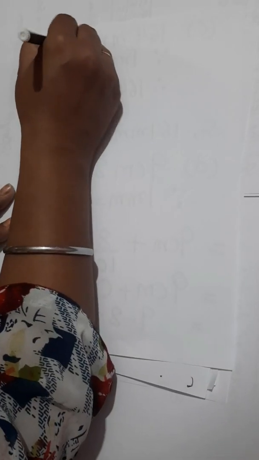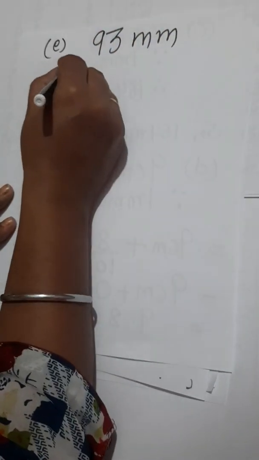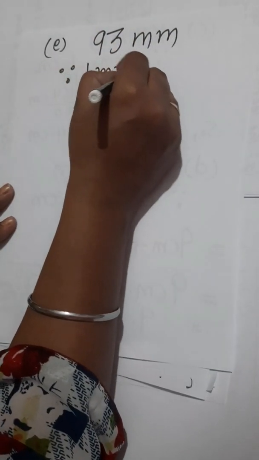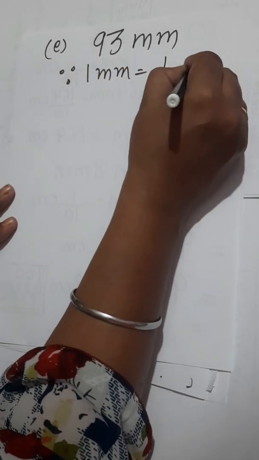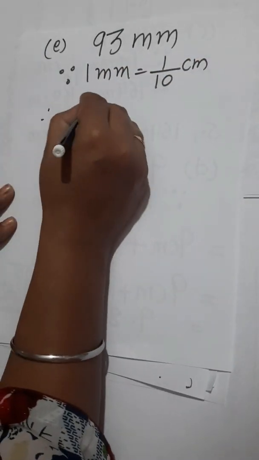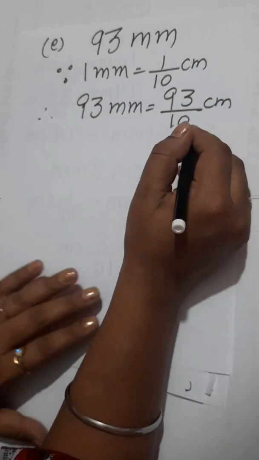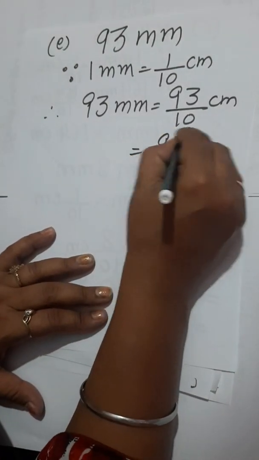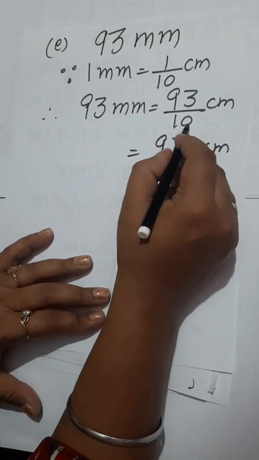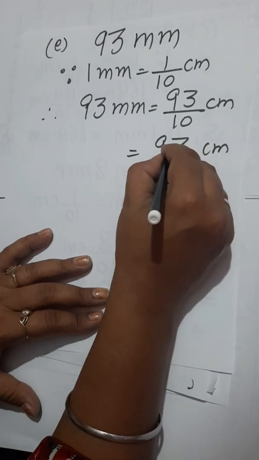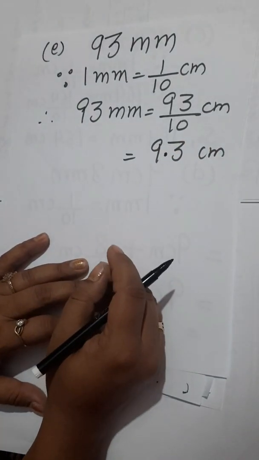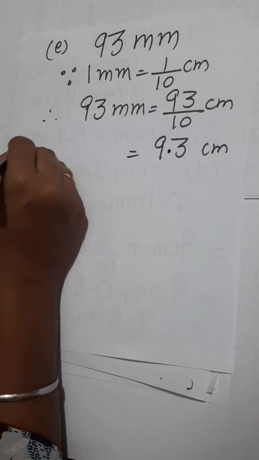Next we have E part. E part is 93 millimeter. Since 1 millimeter is equal to 1 upon 10 centimeter, therefore 93 millimeter is equal to 93 upon 10 centimeter. So you have to write the numerator first, then before one digit you have to put the decimal.